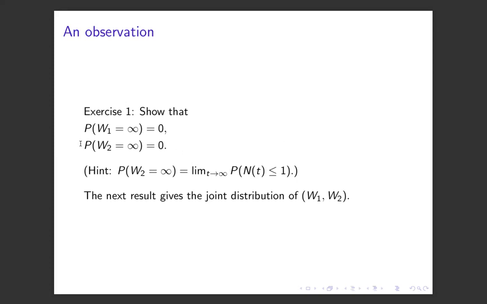Of course, the second statement would obviously imply the first statement. To show this, you observe that the probability W2 equal to infinity is the same thing as this: N_t never increasing, does not go beyond 1, whatever t might be. And you know this quantity.